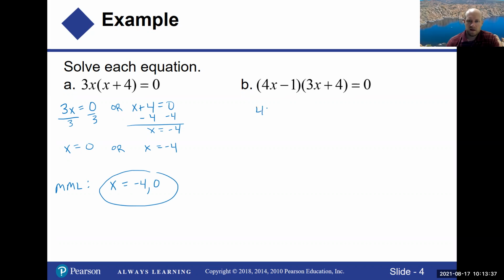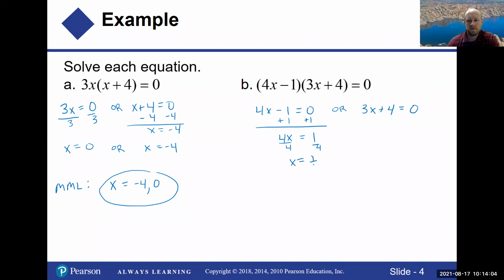In this one, again, all you have to do once you have it factored, and in a little bit we're going to get into some equations that haven't been factored, is set those factors equal to 0 and then solve for x, or whatever your variable is. So in this one, I would add 1 first and then divide by the 4.